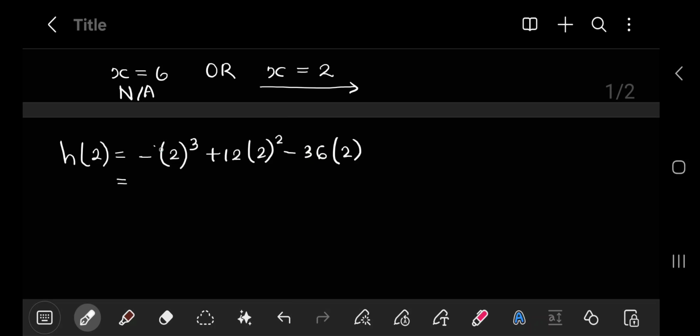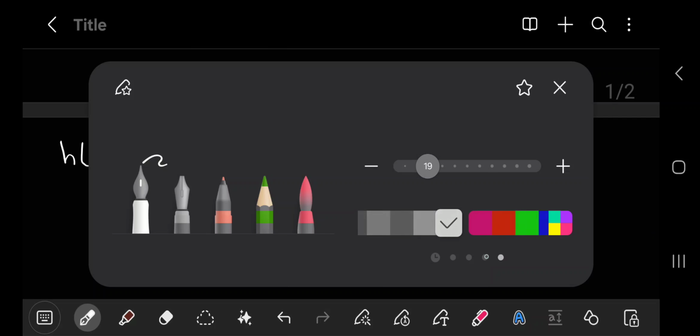Sometimes it's not necessary for you to show the substitution, but I'm just writing it down so you guys see and know that wherever you have x, you're substituting 2. This should give you negative 32 as your y coordinate. So therefore, now we can conclude. The coordinates of a is positive 2 and negative 32.